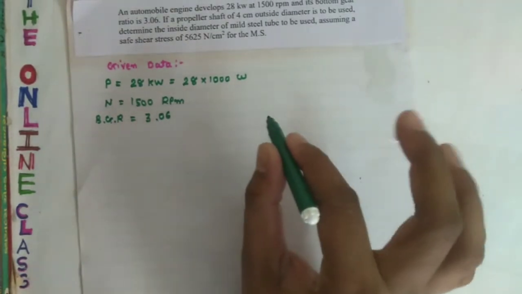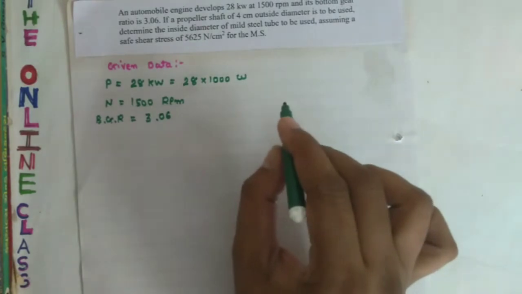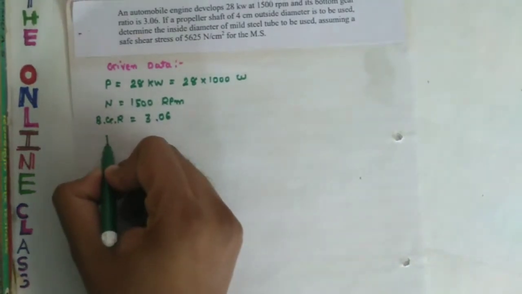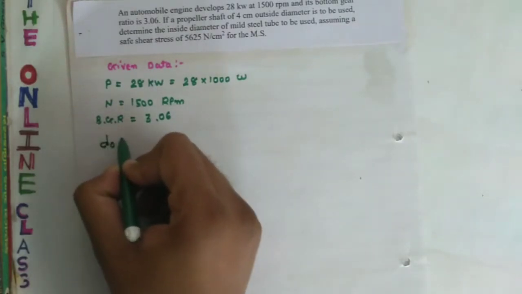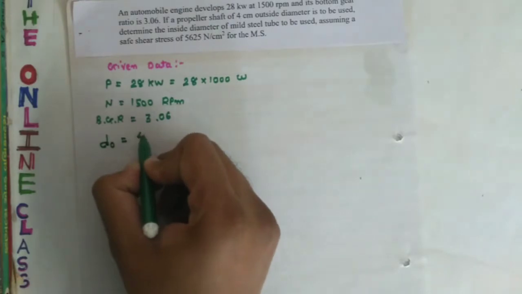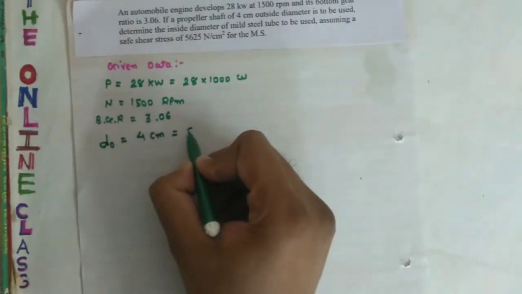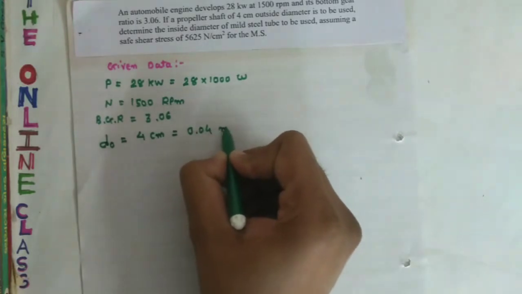If a propeller shaft of 4 centimeter outside diameter, so here the propeller shaft used is a hollow shaft. Its outer diameter DO is equal to 4 centimeter. Convert into meter, so 0.04 meter.